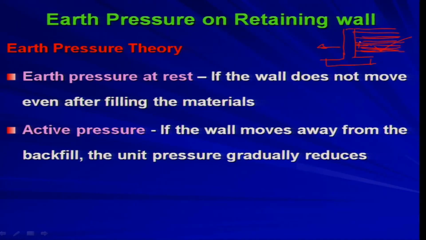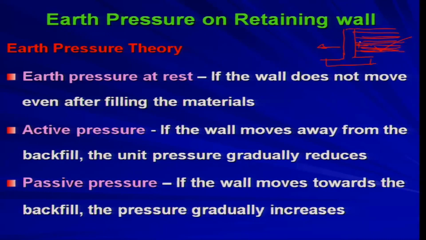Okay. Now, similarly, obviously there could be another condition where the wall moves towards the backfill. That is known as passive pressure. So, in passive pressure, if the wall moves towards the backfill, the pressure gradually increases. That means, in case of active state, what happened? The wall starts moving away from the backfill. So, therefore, pressure is getting released.